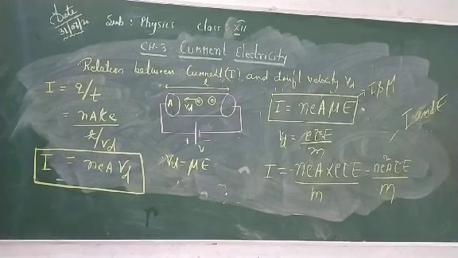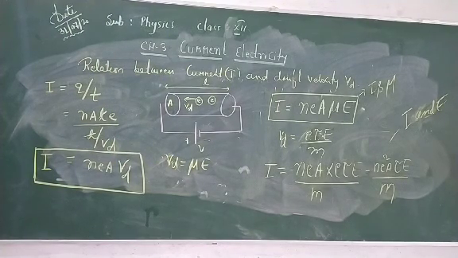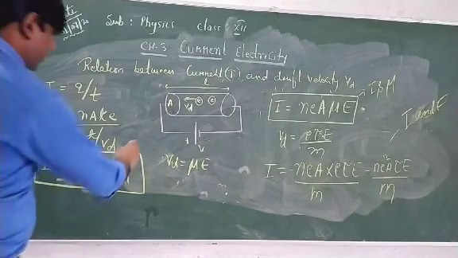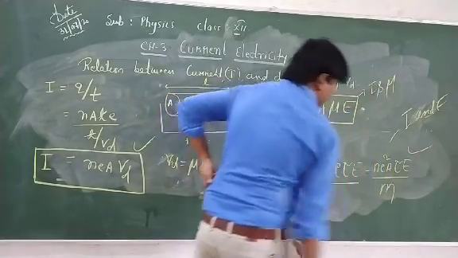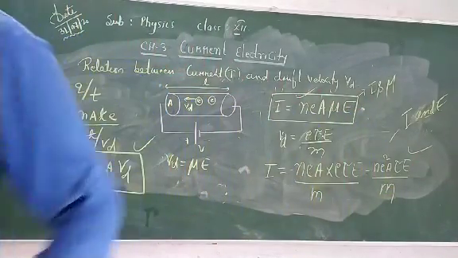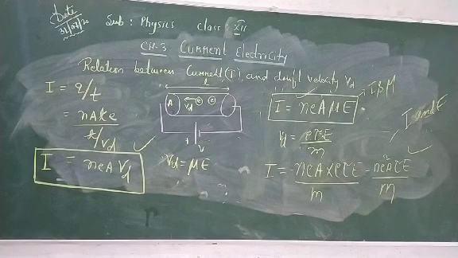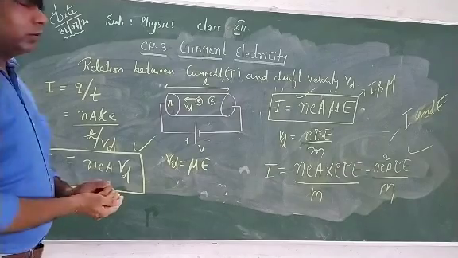You have to remember the formula because it will be very applicable. Sometimes you use the formula, so you just have to memorize it and practice the derivation. The remaining topic we will discuss in the next class. Thank you.